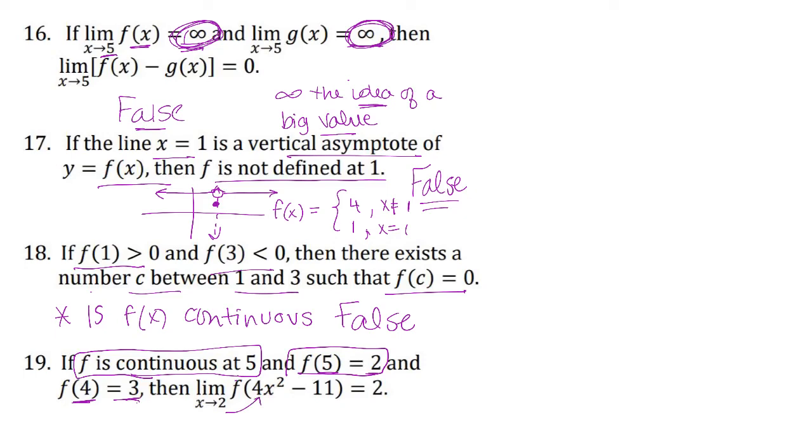Once we plug in, we're going to have 2 squared, which is 4, and 4 times 4 is 16. 16 minus 11 is 5. So now we have f of 5, and the limit as x approaches 2 of f of 5. Well, here it has to be 2 because we were told that f was continuous. So that one, as weird as it looks, has to be true.